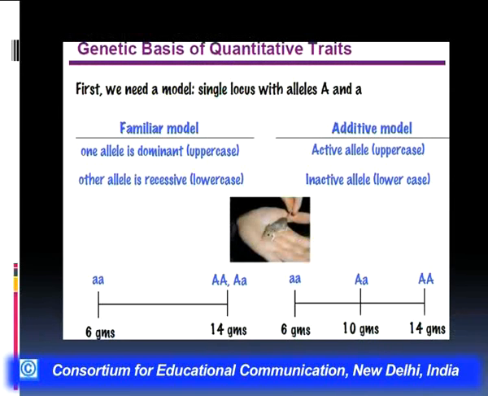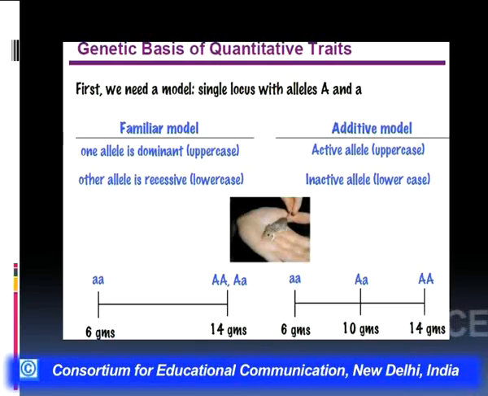What would be the genetic basis now for such type of inheritance? Our familiar mindset is that if there is one dominant allele, okay, it should be given an uppercase and all the other alleles would be in the lower case because they are recessive ones.